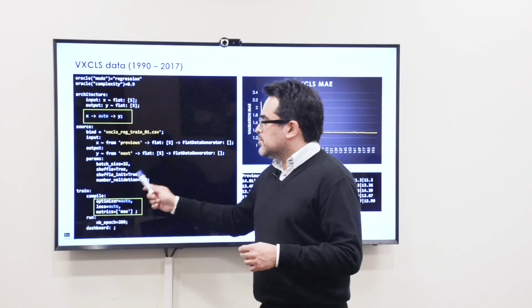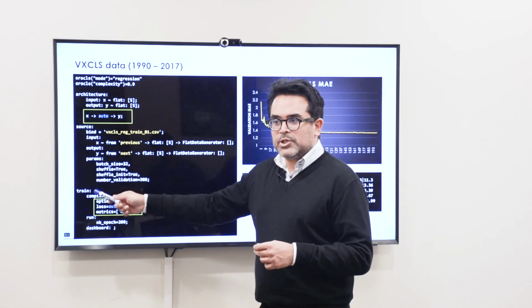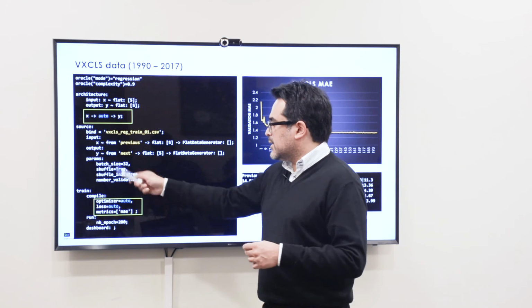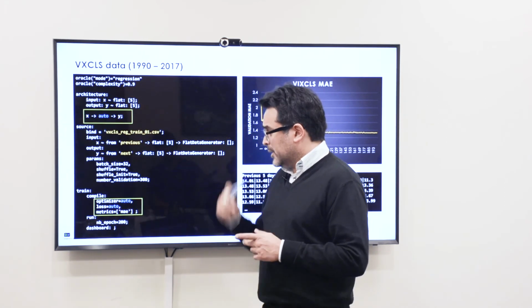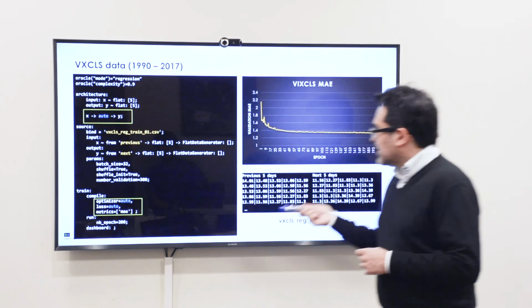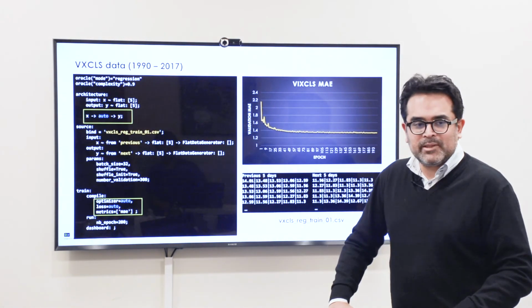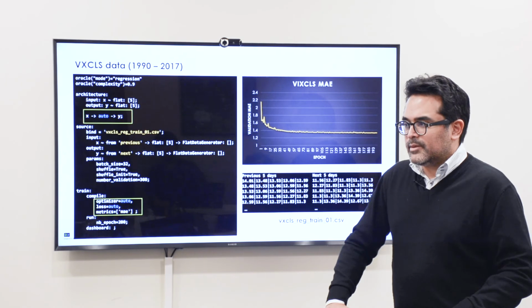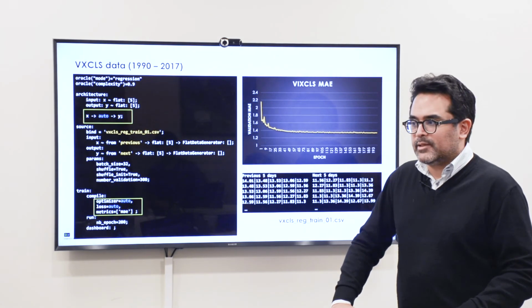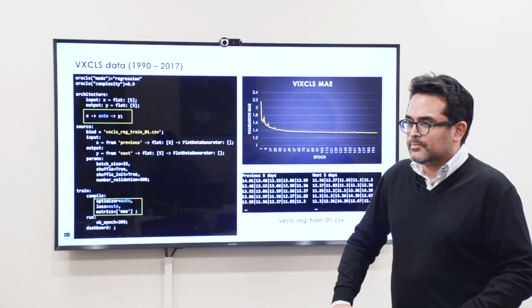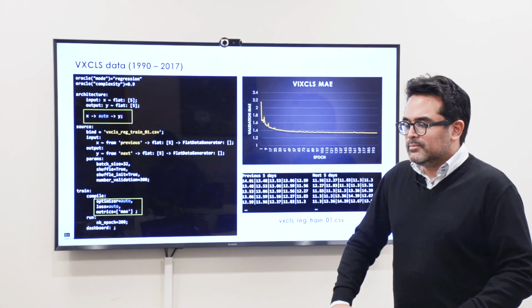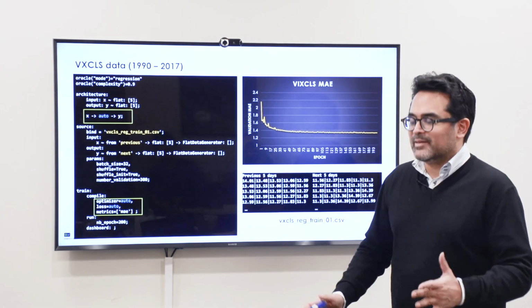I randomize it between each iteration, so every time, each epoch, I randomize it. And the fact that I got this means that there really is a signal there, and it's a really strong signal. So which means in the VIX market, there's a high probability of calculating what the next 5 days are given the previous 5 days. So whether you can make money on that, that's a different thing.